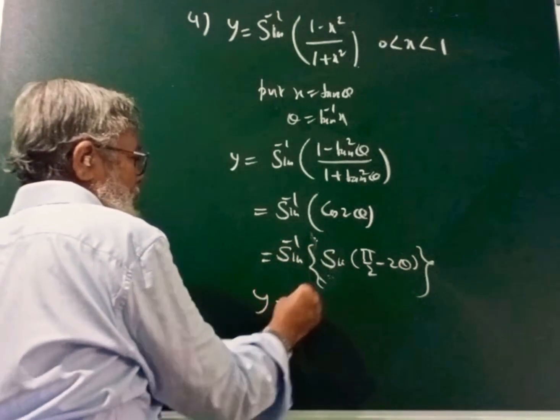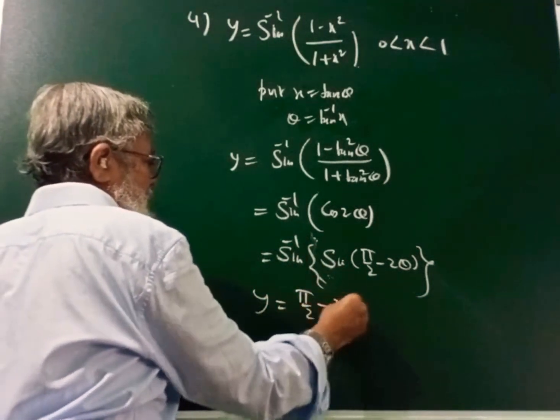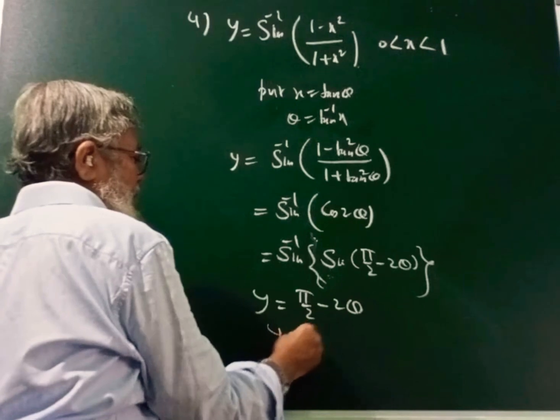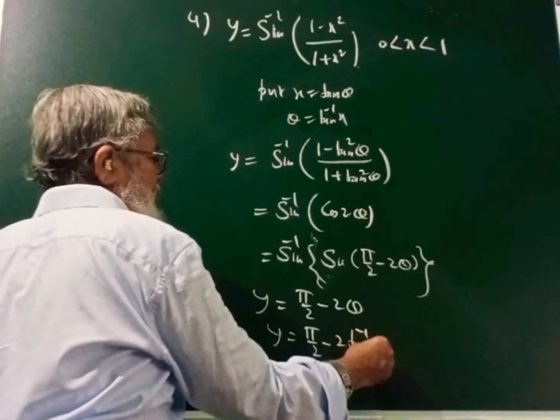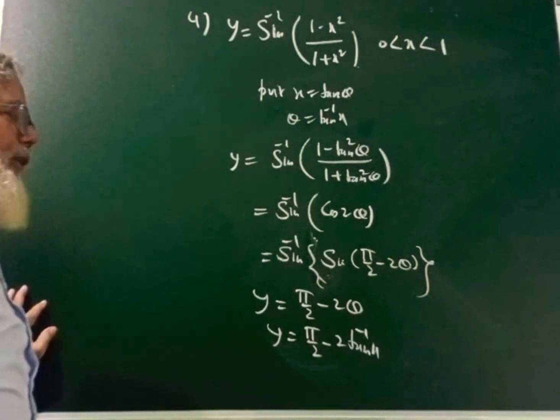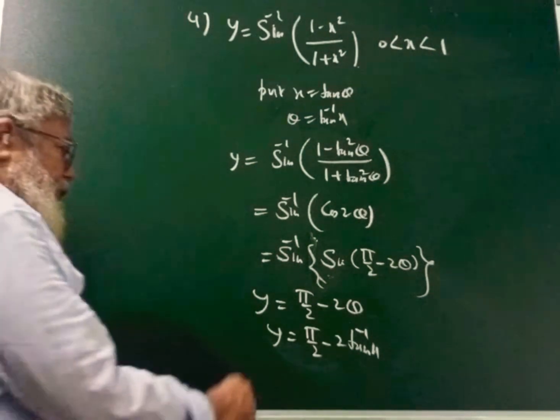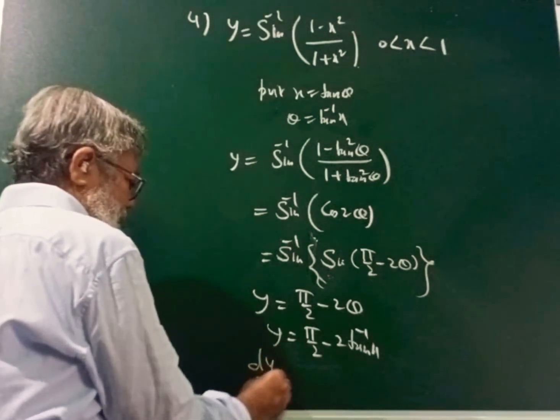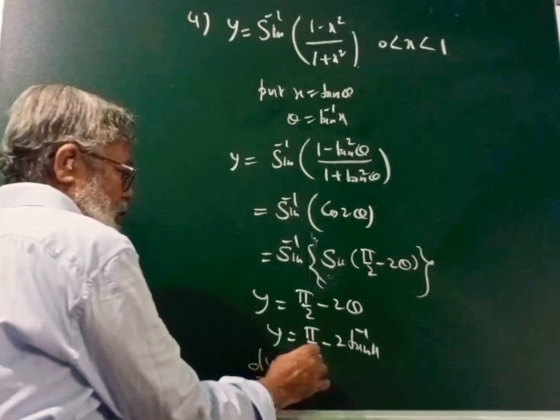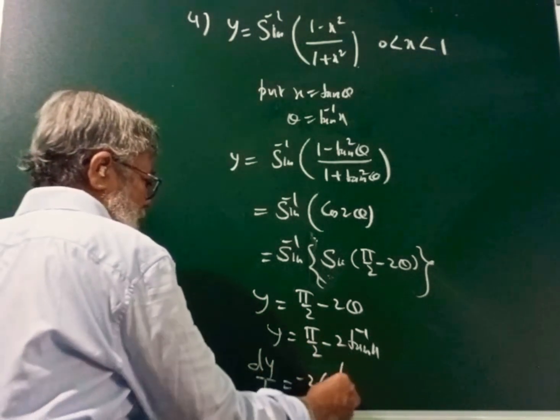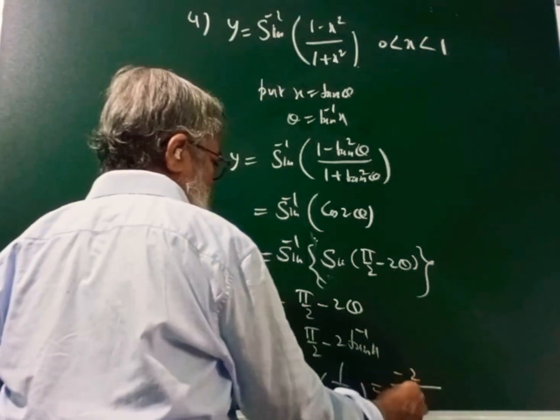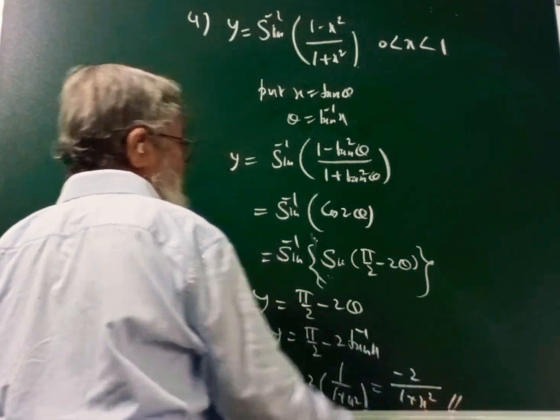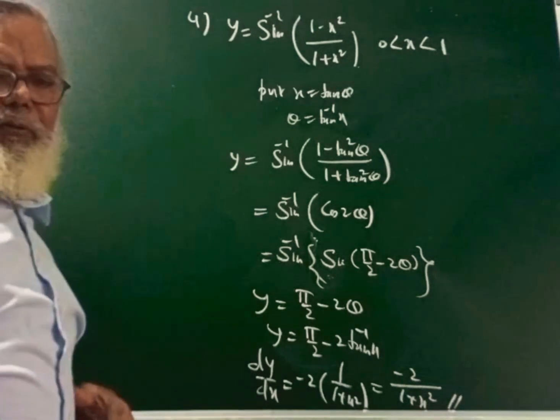So it will become pi by 2 minus 2 theta. Substitute the value of theta, that is 2 into tan inverse x. This is the simplified form of the given problem. Now differentiate dy by dx. It is 0 minus 2 into 1 by 1 plus x square, or we can write minus 2 by 1 plus x square is the value of this derivative.